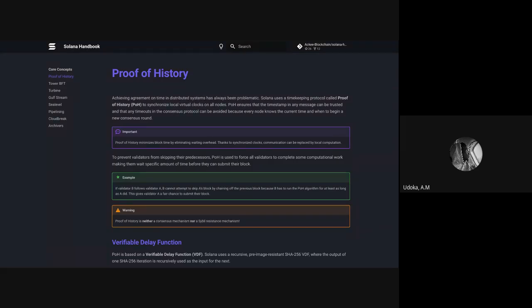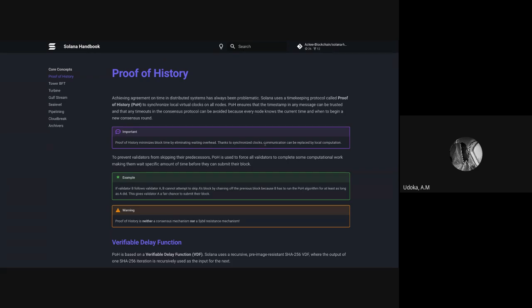Proof of history is the mechanism that creates the timekeeping protocol for the nodes. This is where we look at timestamping and at what time transactions are processed and how. What proof of history does is minimize block time, eliminating waiting overhead.